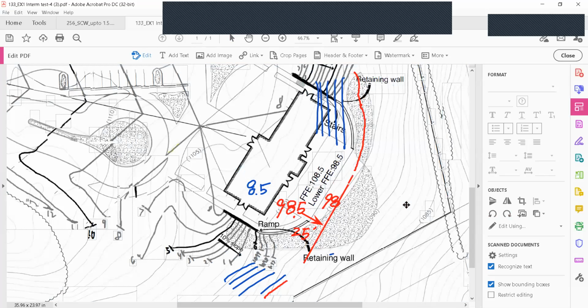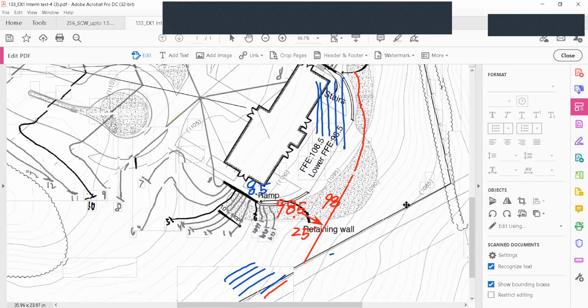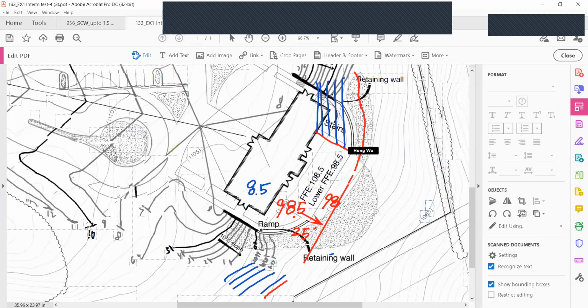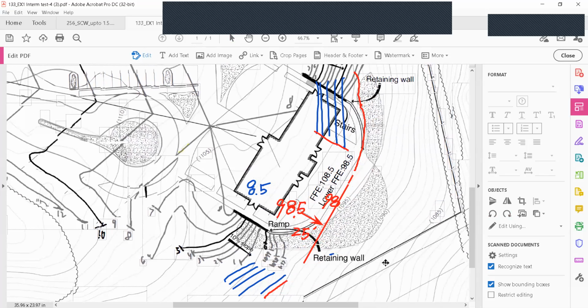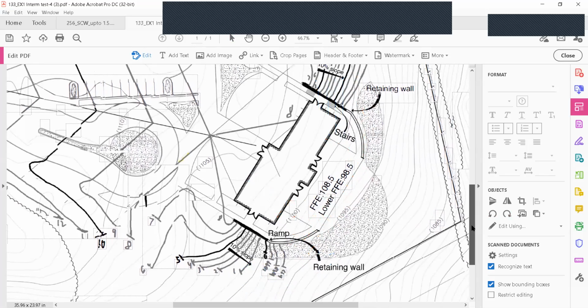Oh, sorry. Maybe if I move the retaining wall. That's okay, we can start over. That's fine, sorry about that.